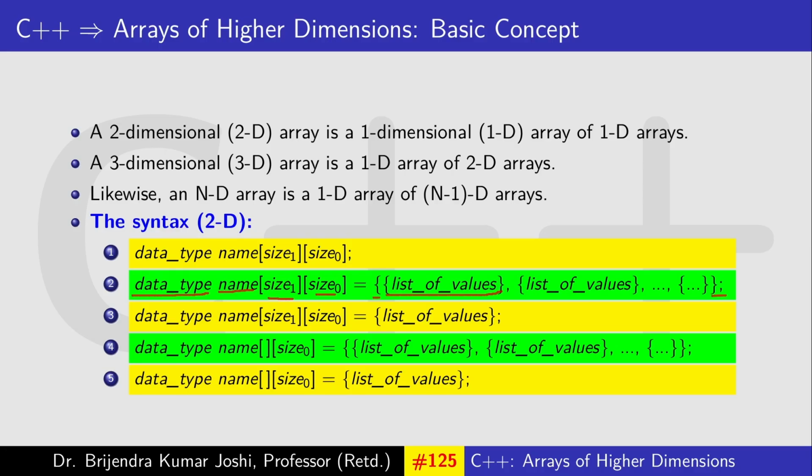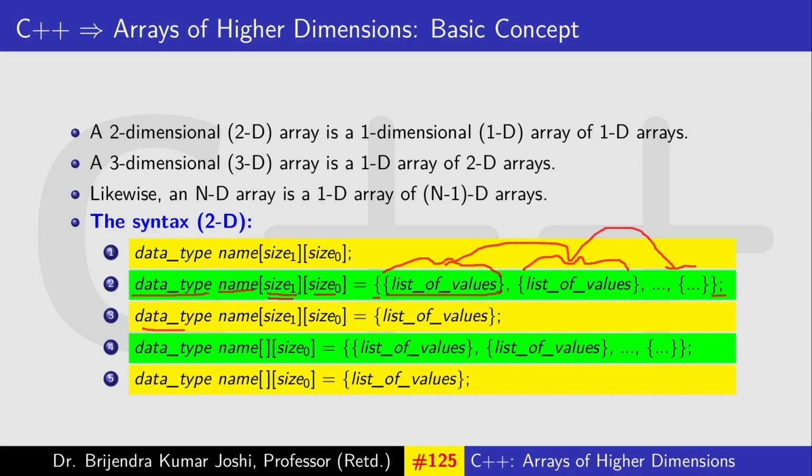It means these inner pairs of braces and lists of values therein must be the same in number. So if this size 1 here is 3, they must be 3 in number. And inside the inner pair of braces, we have a list of values separated by commas. How many values? Those values must be the same in number as size 0.